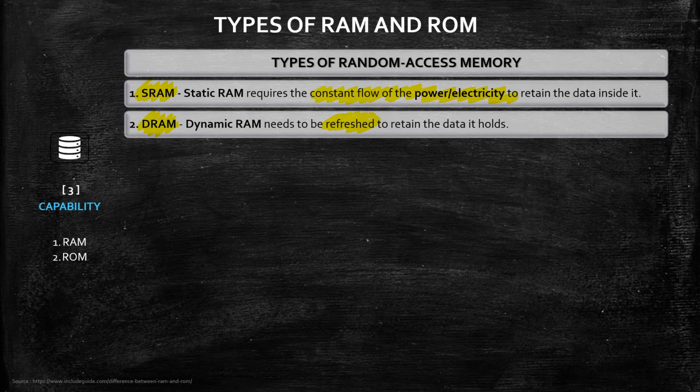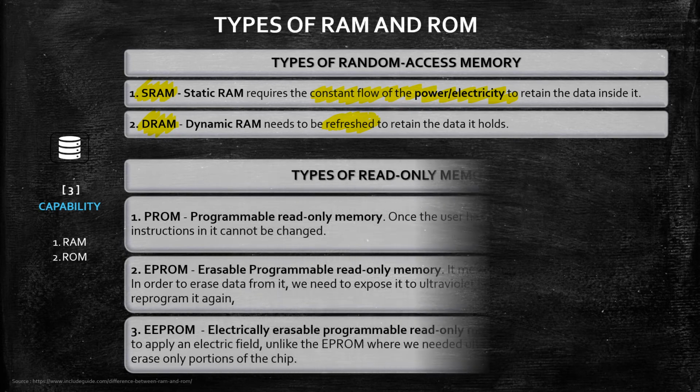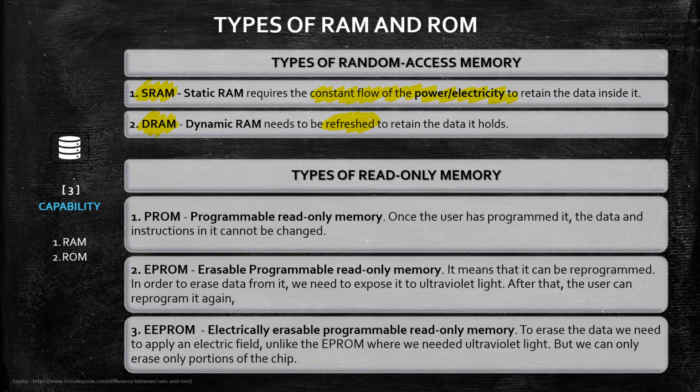Then the types of ROM. There are three types of ROM, and it's very easy. First is the PROM, then we have the EPROM, and then the EEPROM. PROM: ROM is read-only memory, and here P stands for programmable.